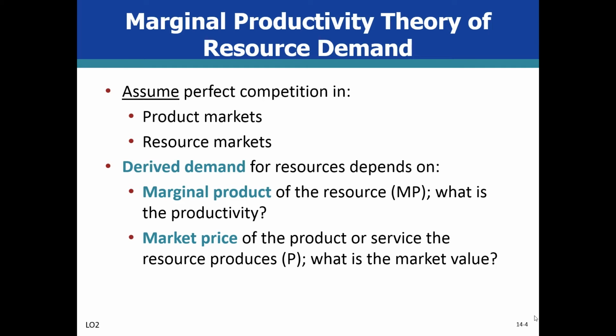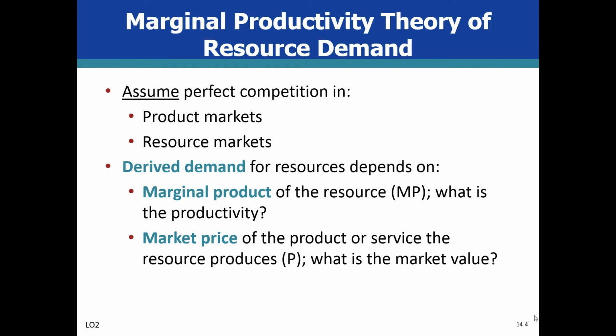We discover the demand for resources with two calculations. First, we determine the marginal product. Let's call that output of the resource that we will use. In this lecture, it's labor. But the calculation can be done for any resource that we would employ.